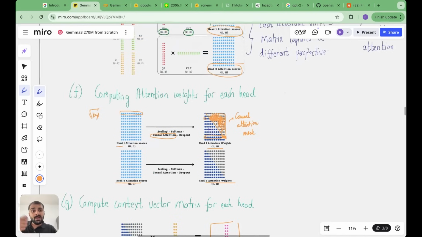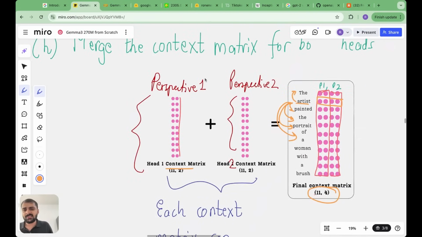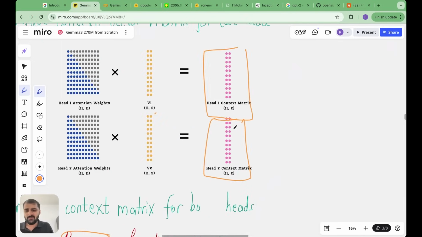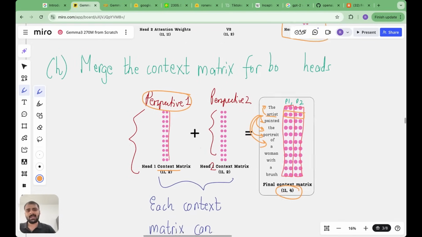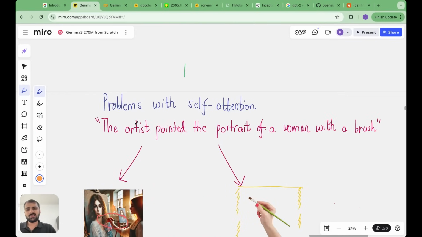And the reason we do multi-head attention mechanism is because every head captures a different perspective. So since the attention scores for head 1 and head 2 are different, head 1 context matrix will be different from head 2 context matrix, right? So every head can capture a different perspective. Why do we need a different perspective? Because consider this text which we have been looking at. The artist painted the portrait of a woman with a brush.